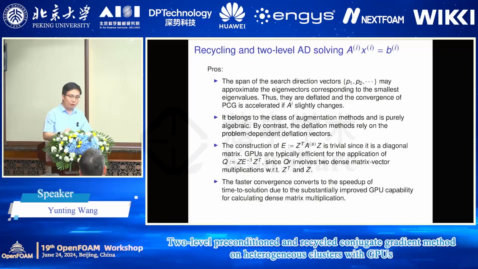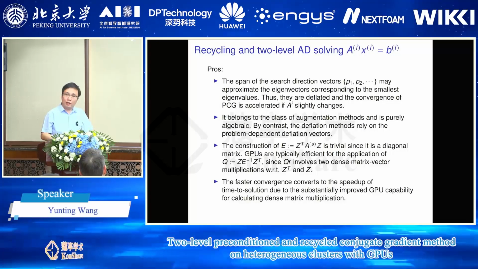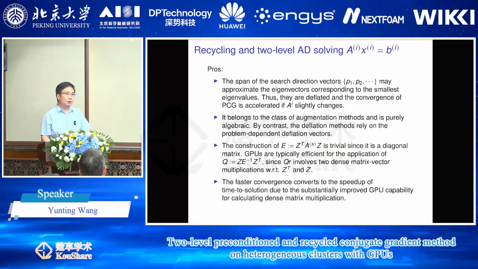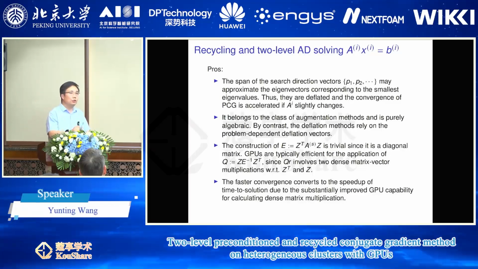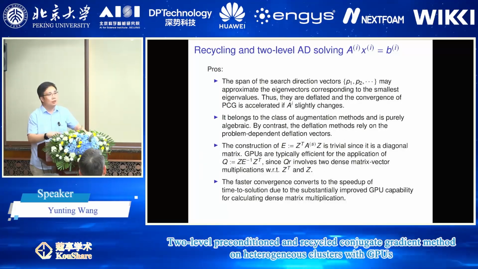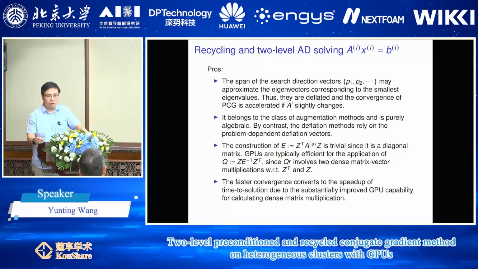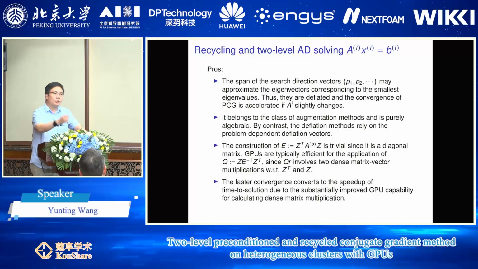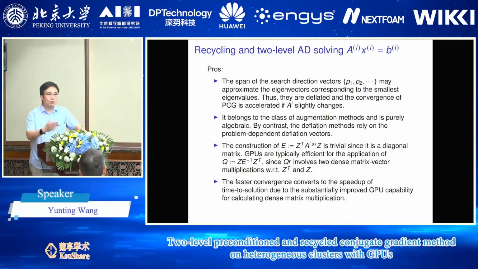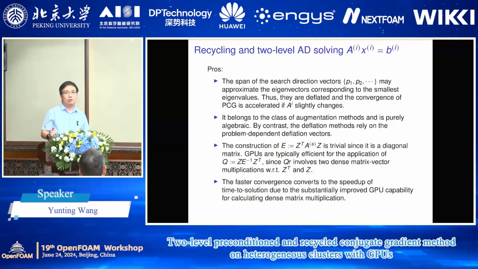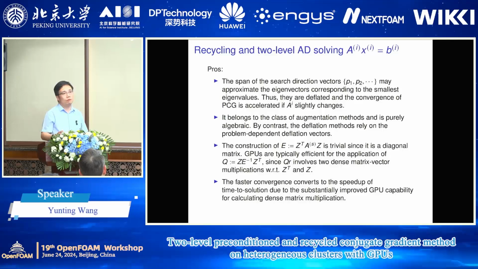At this point we come back to the deflation method: if you have approximations of these eigenvectors corresponding to the smallest eigenvalues, you can get rid of them. Then the condition number is much smaller, and you can solve much faster.